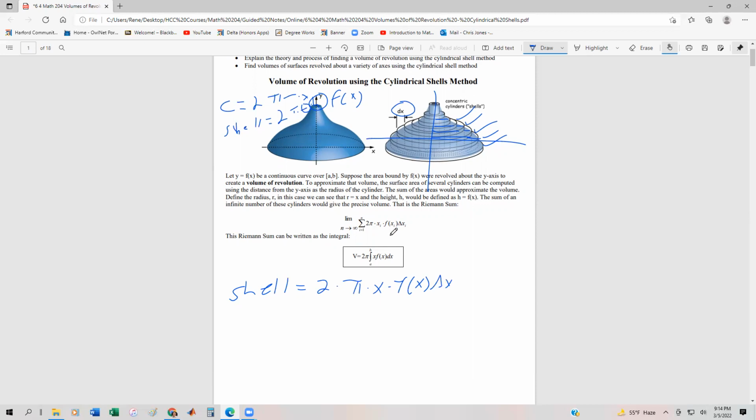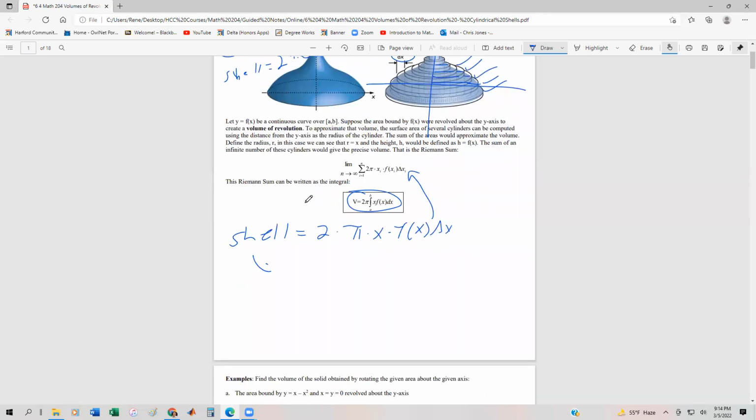And so ultimately, we get a Riemann sum, just by adding those all together, and then we end up with the volume. Just a reminder that the shell method is more useful if we're rotating about a vertical axis, and the disk method is if we're rotating about a horizontal axis.